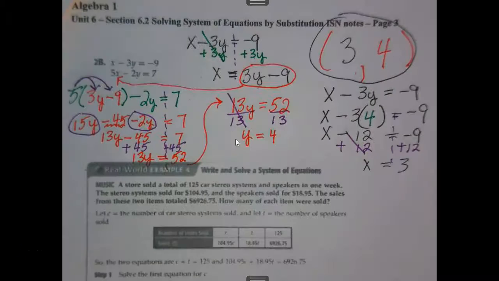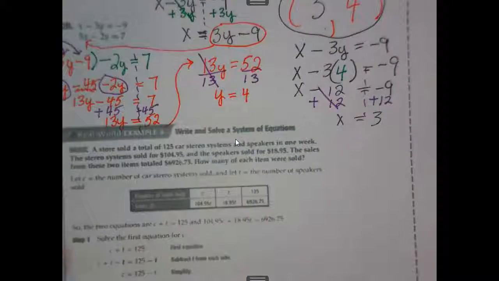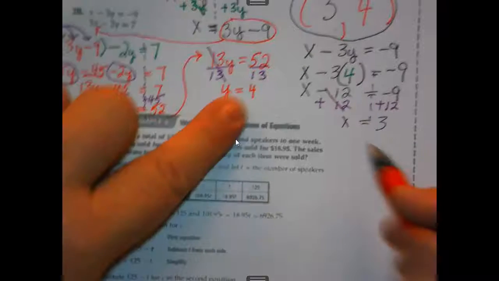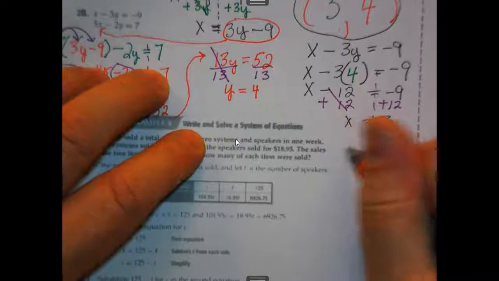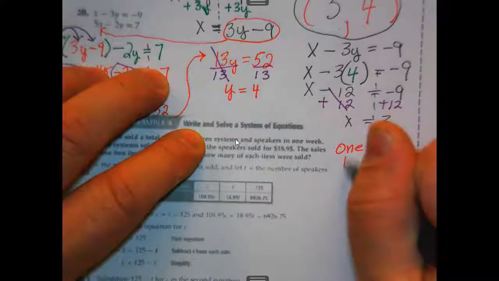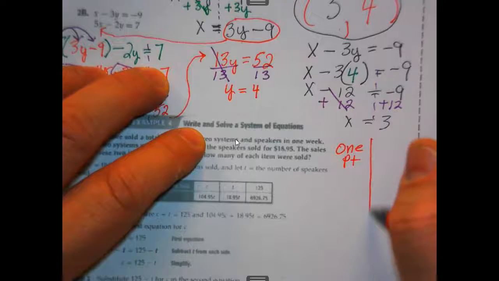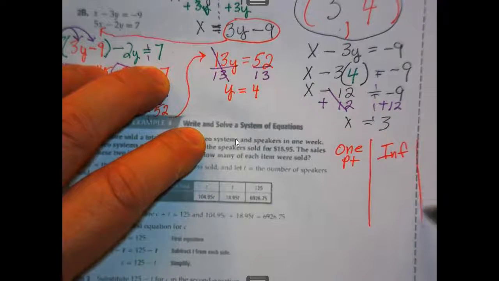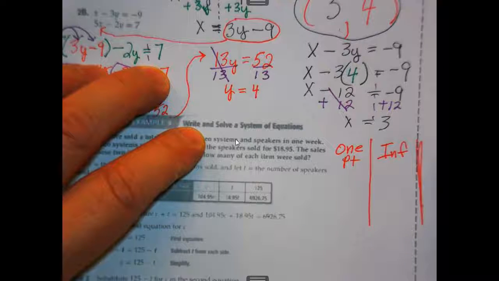Your homework then. Notice that remember I have 3 conditions, I can end up with 3 solutions. Exactly 1 point, no solution, or infinitely many solutions. Okay, so this could be one of 3. Exactly 1 point, infinitely many solutions, or no solutions, right?